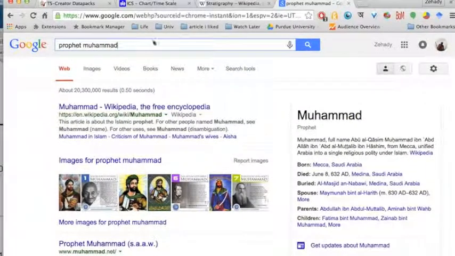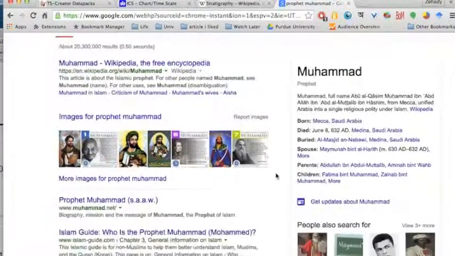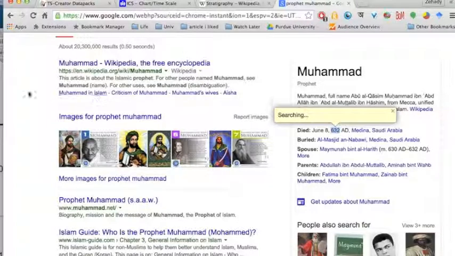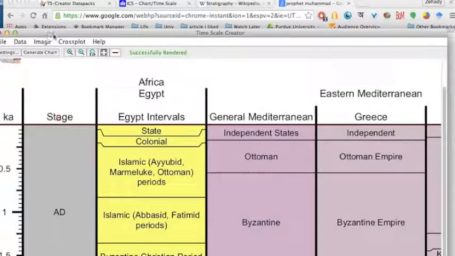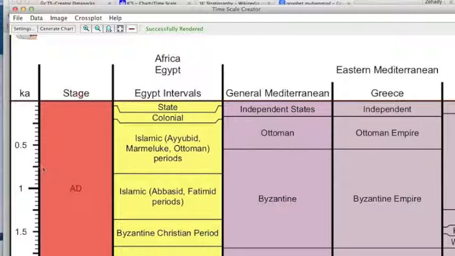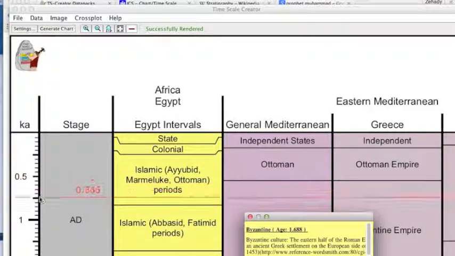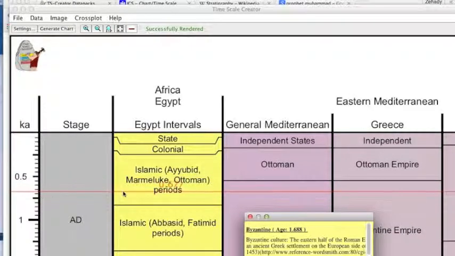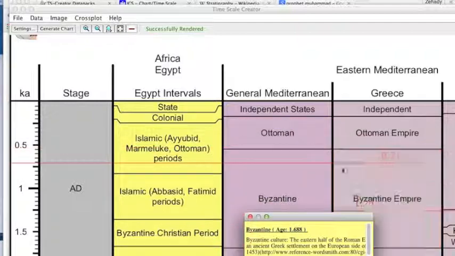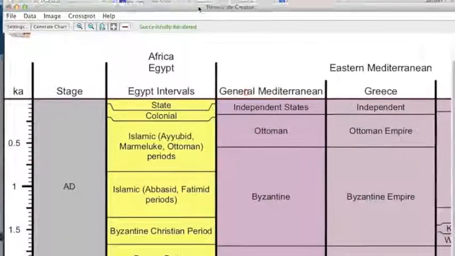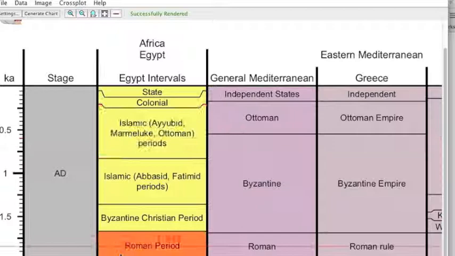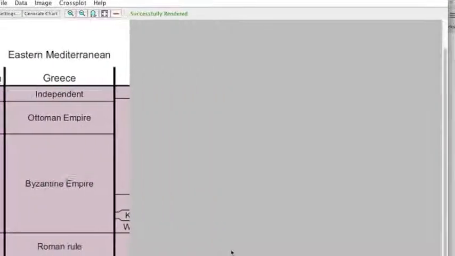So, after the Prophet Muhammad died, we have four caliphates, I think. So the Prophet Muhammad died 632 AD, right? That means around this time, around 500, 600, around this time. So the Middle East, I wanted to see the Middle East.